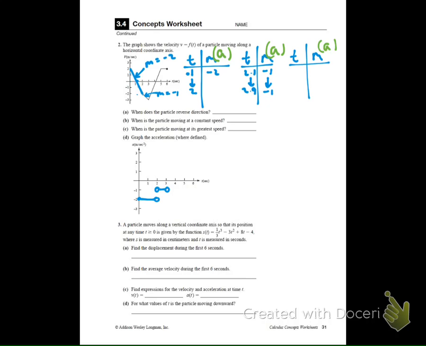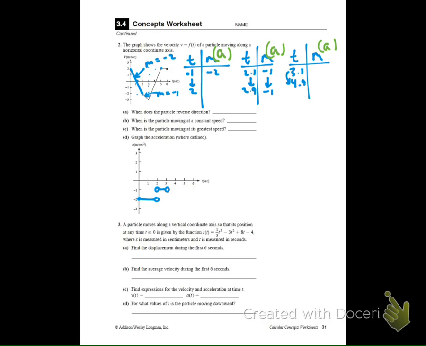But what else do we have? From t equals 3, so let's say 3.1, all the way to t equals 5, or t equals 4.9. So all the way from 3 to 4.9, what are the slopes? Well, we just have to count. You go up 1, 2, 3, 4, 5, and over 1, 2.